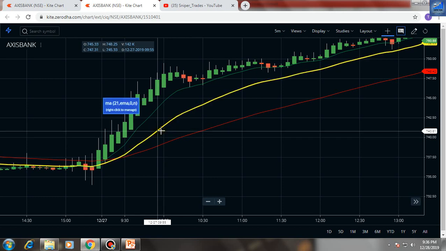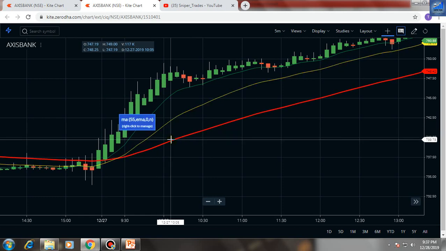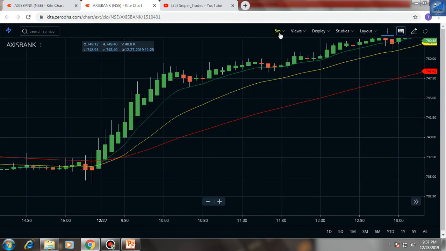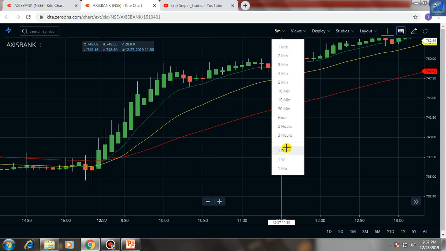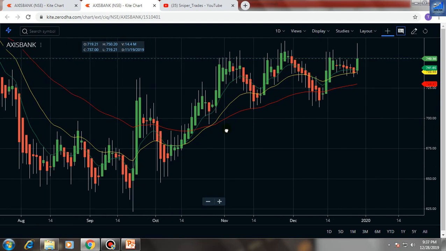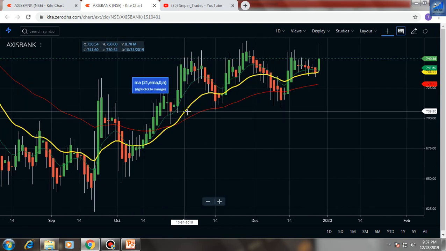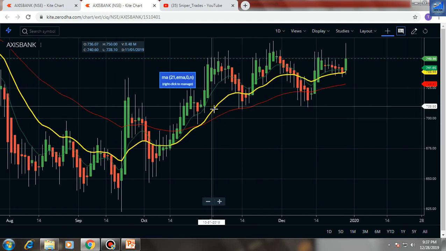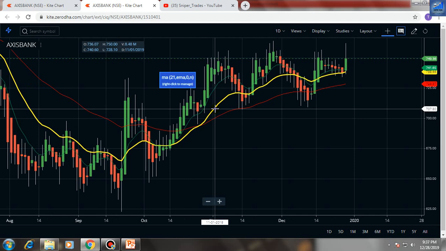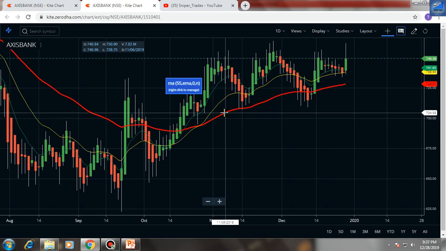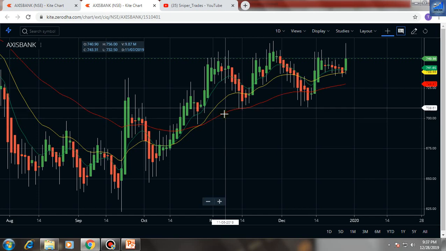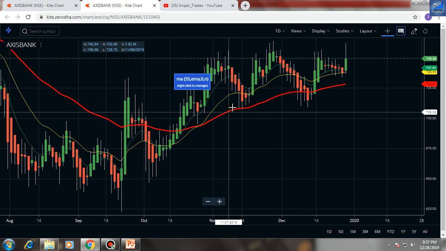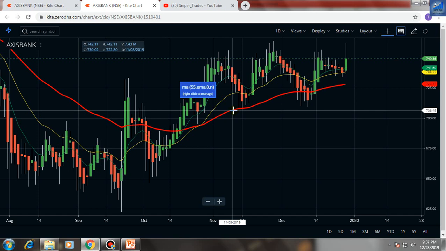Whenever this yellow line is crossing above this red line, it means that 21 days back, please note that we are explaining now in daily chart, people have bought these Axis Bank shares at a higher price as compared to 55 days back, which signifies that the demand for Axis Bank shares is more at current times compared to the previous period of 55 days.